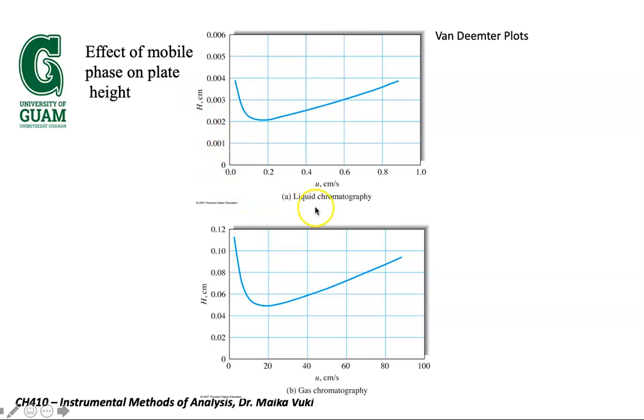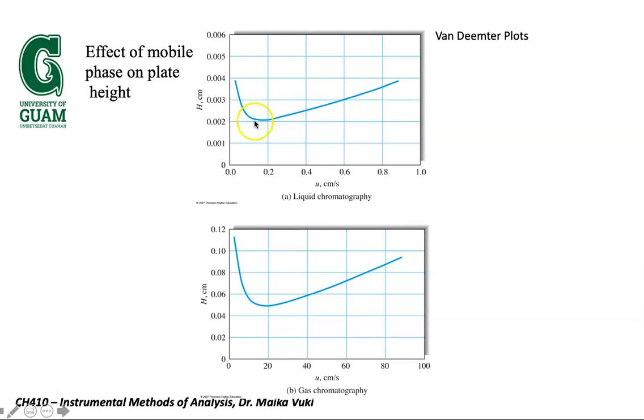The top one, which is for liquid chromatography, you see a very narrow plate height range, 0.001 up to 0.006. Here it is from 0.02 to 0.12. So it's a lot higher value of plate height in this one for gas chromatography compared to liquid chromatography. And the two are very different.